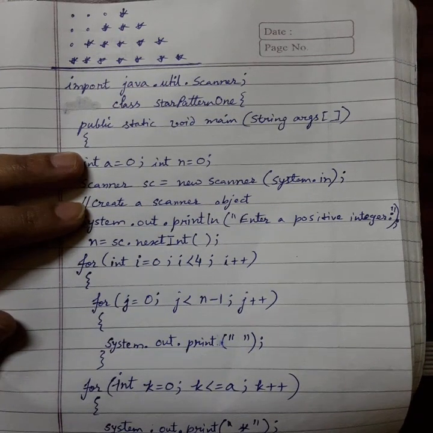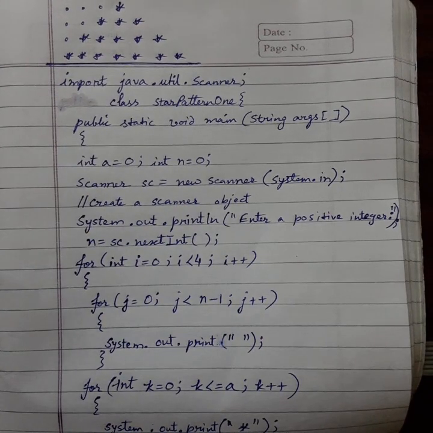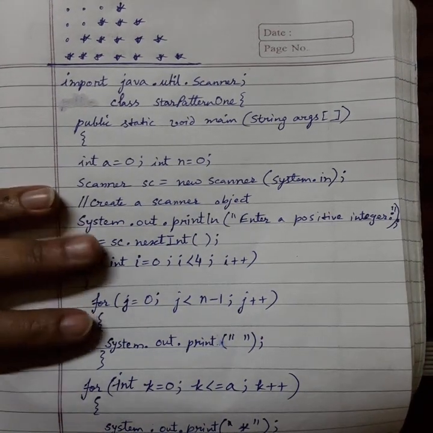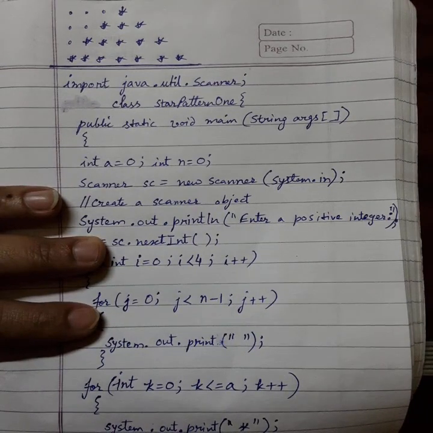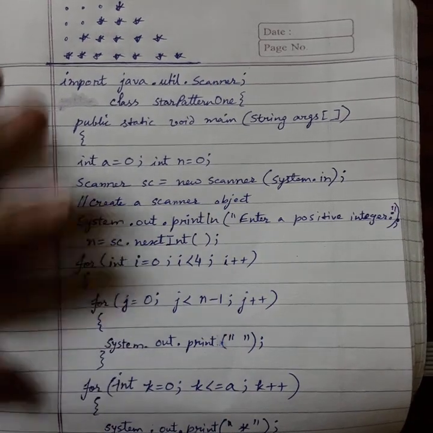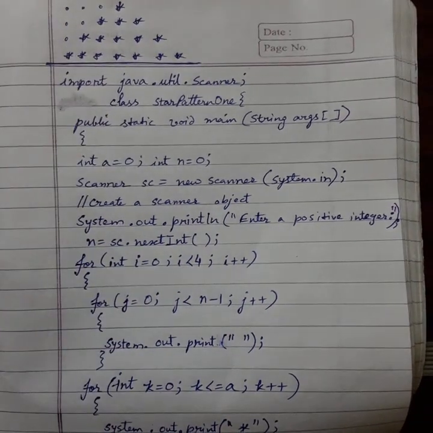That is, at runtime the user will be giving a number that is going to be taken by the interpreter, and based on that data, the output will be displayed.